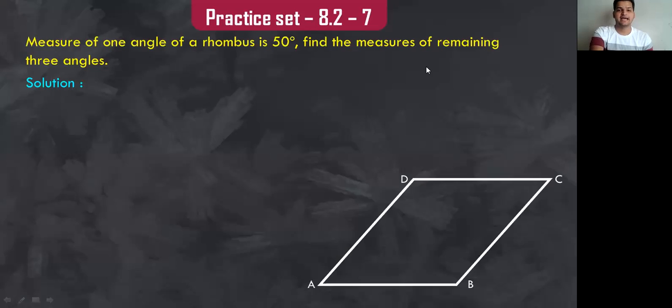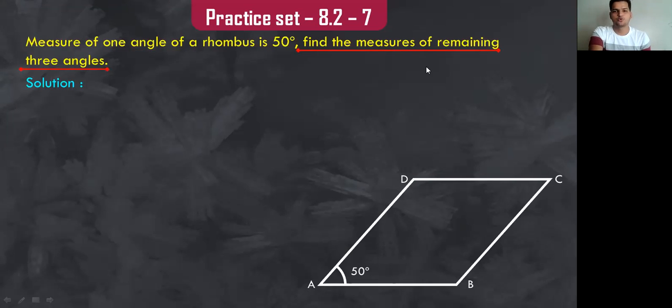Measure of one of the angles is 50 degrees. So let us mark angle A as 50 degrees, students. And with this information, we want to find the measure of all the remaining angles.